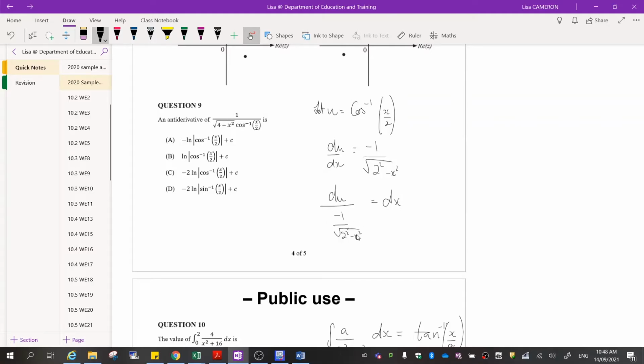Now, when we have a fraction like this, it means that this part is going to be flipped to the top. So I can now express this as root 2 squared minus x squared, and when it's divided by -1, the negative will also come out to the front. du is equal to dx.